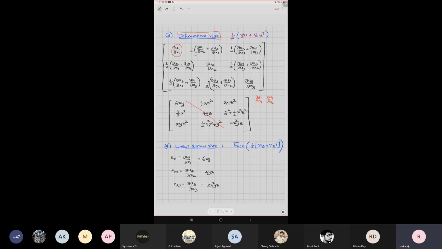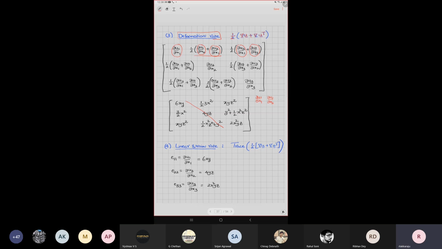The second element, del u1 by del x2, we have, and the transpose element del u2 by del x1, half of that. Similarly, del u3 by del x1 plus del u1 by del x3, half of that.